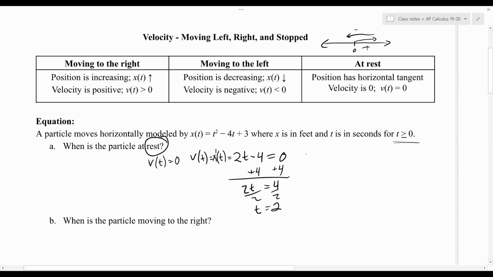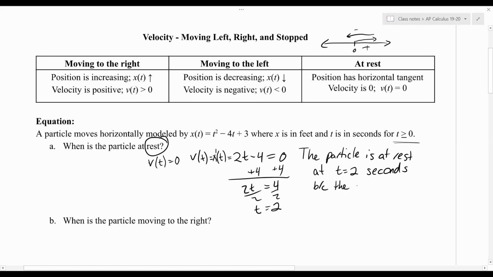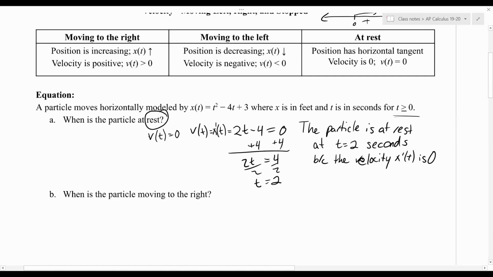So we're going to say the particle is at rest at t equals 2 seconds, including the units, because the velocity, or x prime of t, is 0.